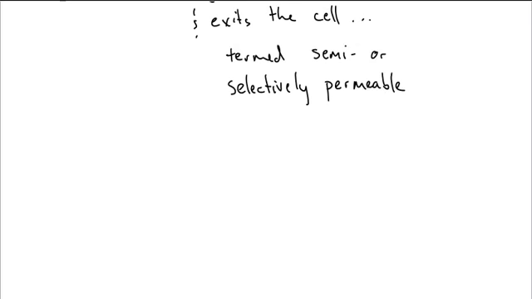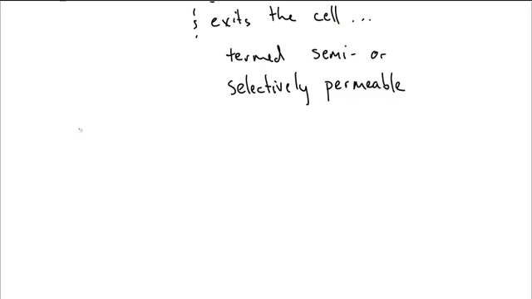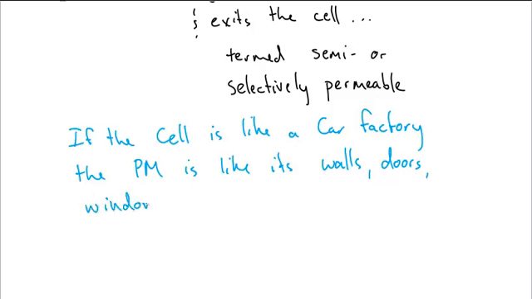In terms of the functional analogy, the cell is like a car, and the plasma membrane is like the walls, doors, windows, and alarm system, determining who comes in and who stays out.